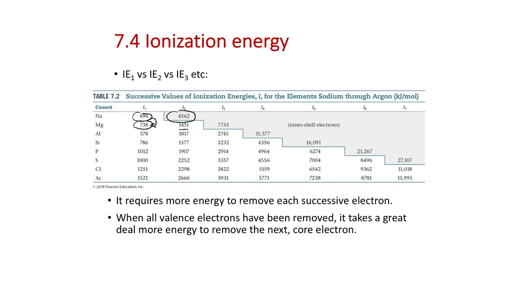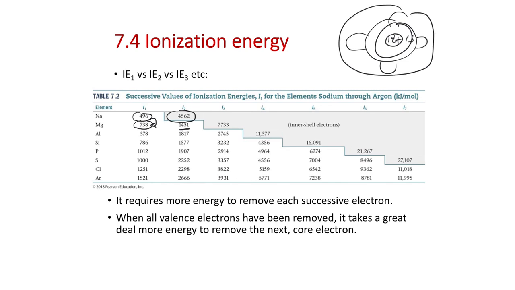And then its I2 isn't 4,000 kJ per mole because we're still removing a valence electron. So for magnesium, we have a 12 plus charge, 1s2, 2s orbital, 2p set of orbitals, 3s with 2 electrons in it. So you kick that first electron out, takes 738 kJ to remove the next electron.